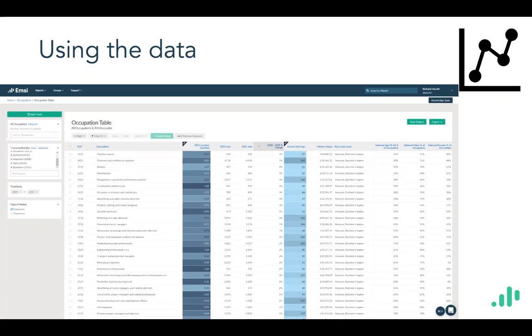Here what we've done is list all the occupations in the area, filtered for those which have as the median highest level of educational attainment in that geography a bachelor's degree, and they've been listed according to the jobs growth rate, and we've also highlighted the column with the figures on annual openings.